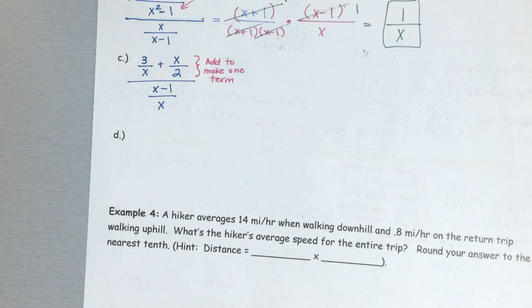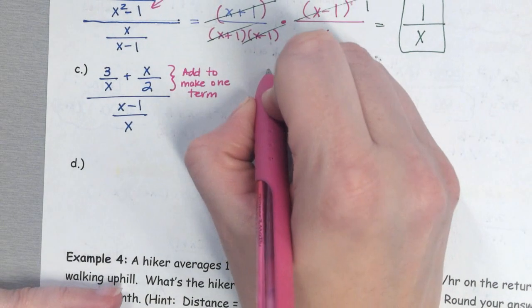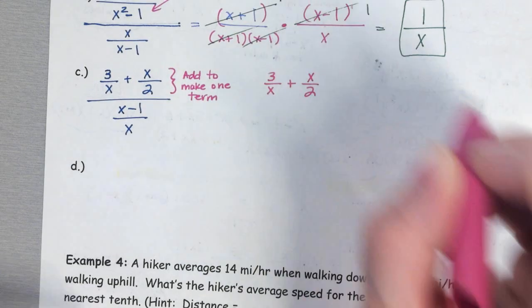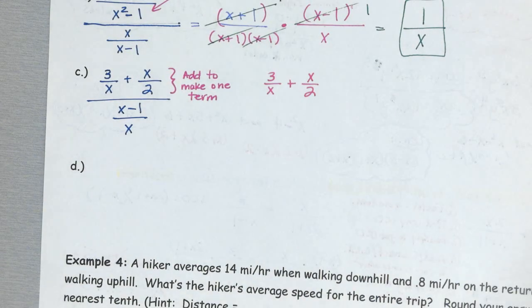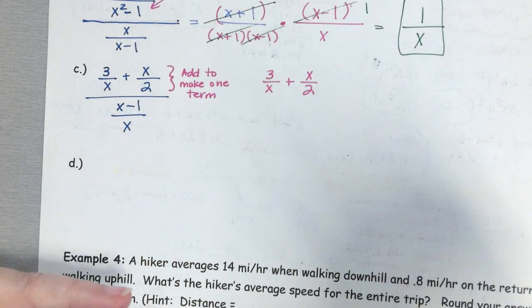I know that can be a little overwhelming seeing it all together. So let's just separate it. Let's just say I'm just looking at 3 over x plus x over 2. What's the LCD? 2x.